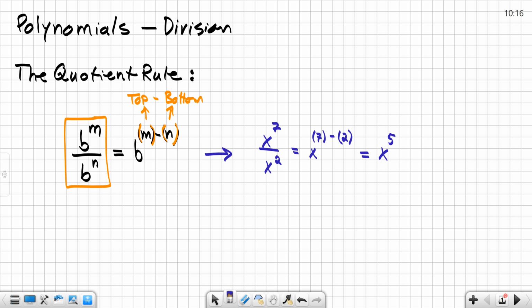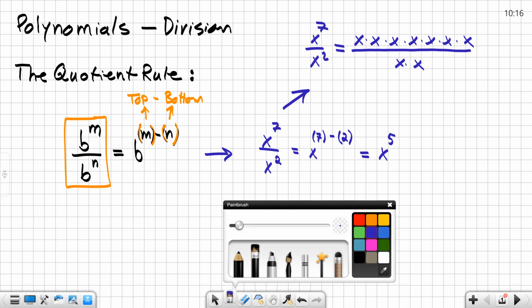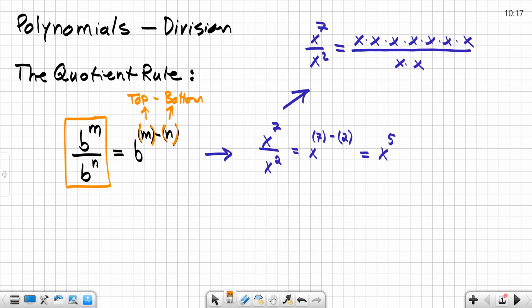Now, some people are still thinking about it in this way, and you can technically do that. x raised to the 7th power, well, that means x times x times x times x times x. Do I have 7? No, one more. All right, and on the bottom, I have 2 factors of x. Now, this is all multiplication, so, strictly speaking, common factors cancel out.